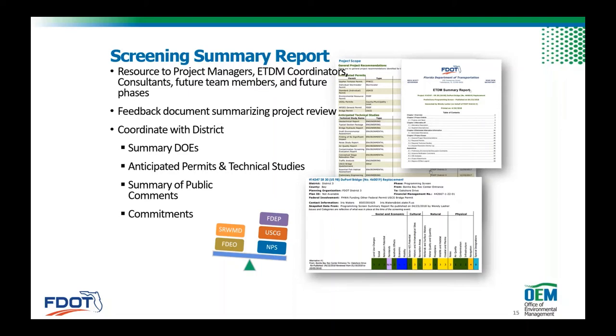And so these ETDM coordinators, working with our consultants and reviewing the materials, come to what we call a summary degree of effect, which is intended to be: what does the department think based on, one, what we already knew, and then everything else that now we've become aware of? Are we anticipating that the degree of effect is still very easy? We're going to follow our process, we're going to get through it, we're going to do this technical study. It'll result in everything, or there may be a lot of work. And so we'll create a summary degree of effect.